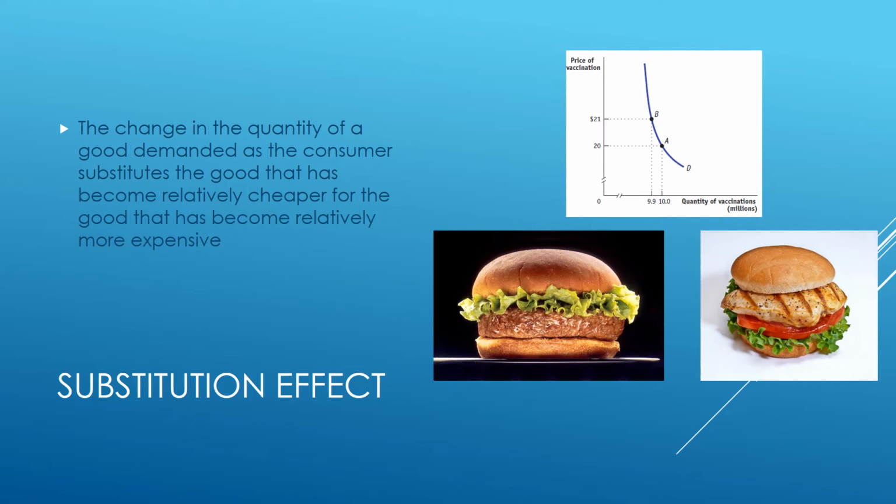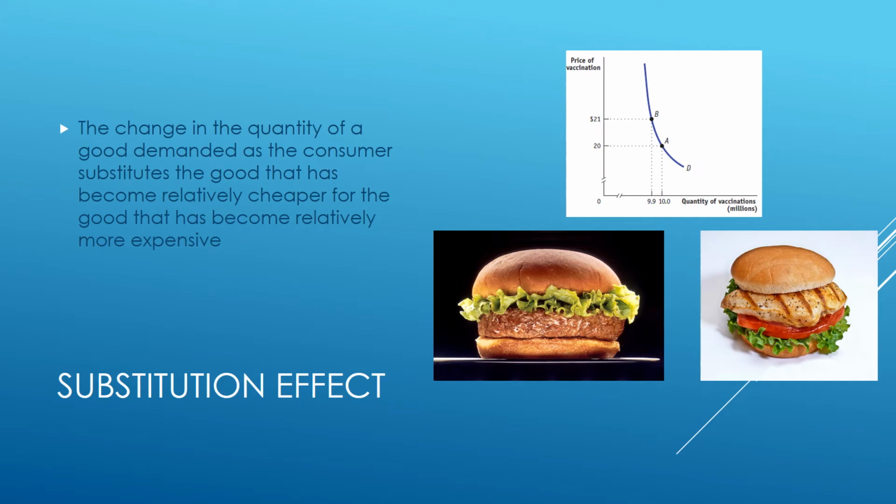Well, we know we're going to have an upward movement along the demand curve for hamburgers, causing us to demand a smaller quantity of hamburgers. Now, why? The key thing is that we can change what we buy. We don't have to buy as many hamburgers. Since they have become relatively more expensive, we can now buy more chicken sandwiches, whose price hasn't changed, but which have become relatively cheaper.